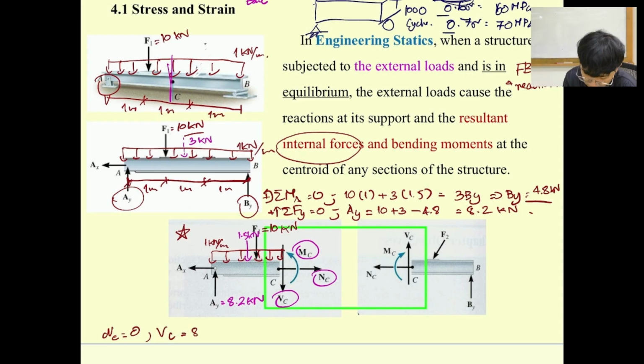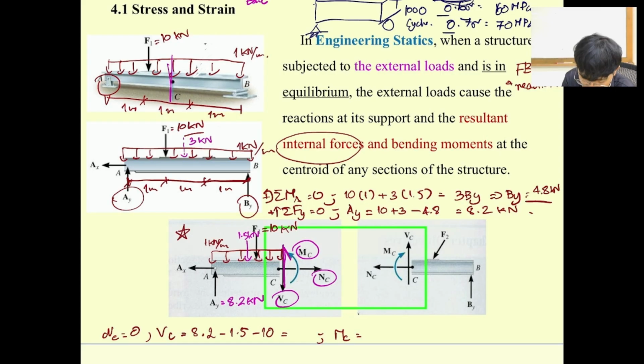8.2 minus 1.5 minus 10. So it's going to be something negative. Then what is MC? Which means our internal shear over here is going to be in another direction.